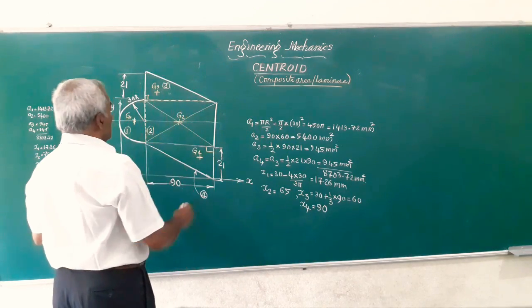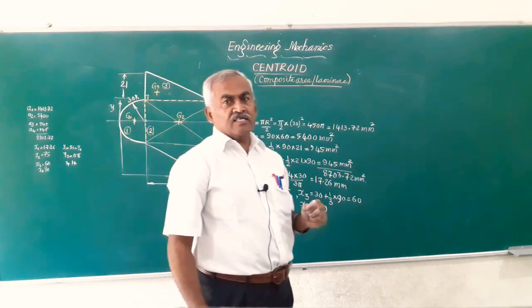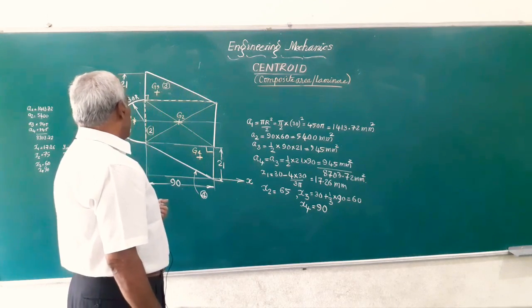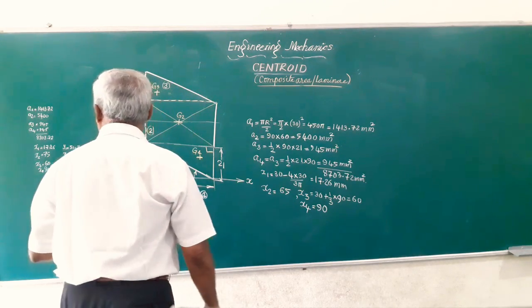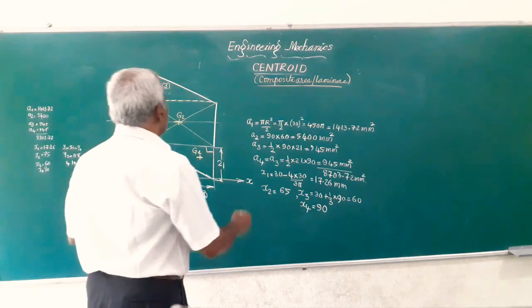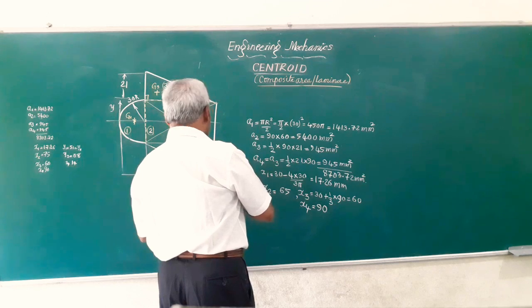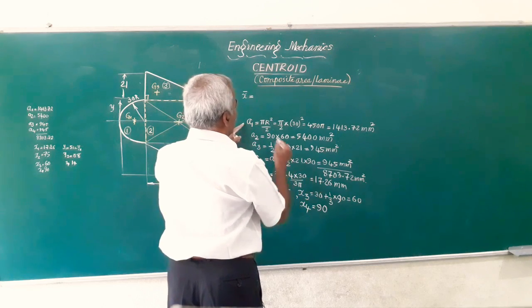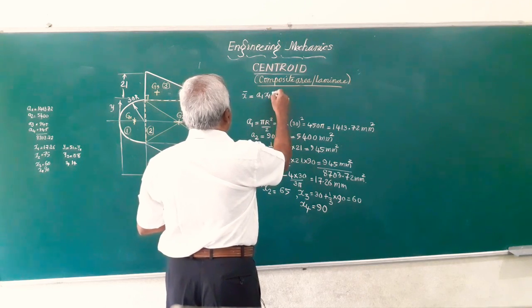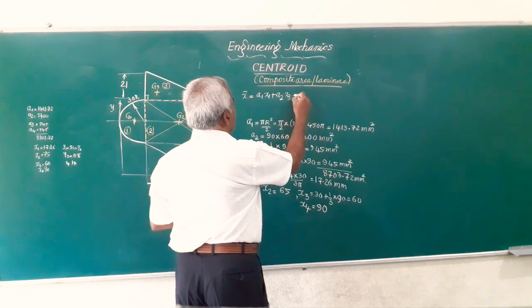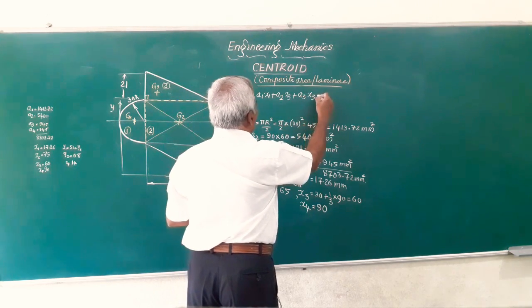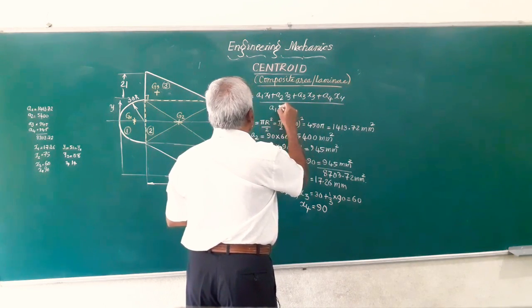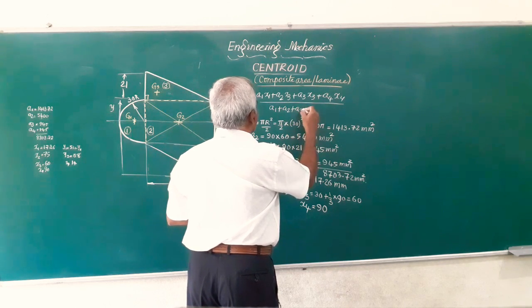So, friends, we know the values of the distances of G1, G2, G3 and G4 from the y-axis, and hence we can substitute in the formula. We can calculate the x bar given by the equation. x bar is equal to A1 x1 plus A2 x2 plus A3 x3 plus A4 x4 divided by A1 plus A2 plus A3 plus A4.